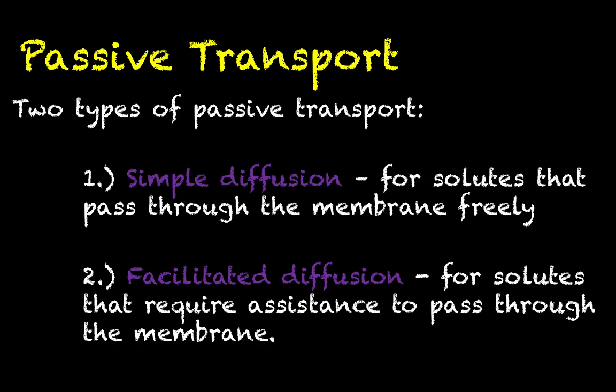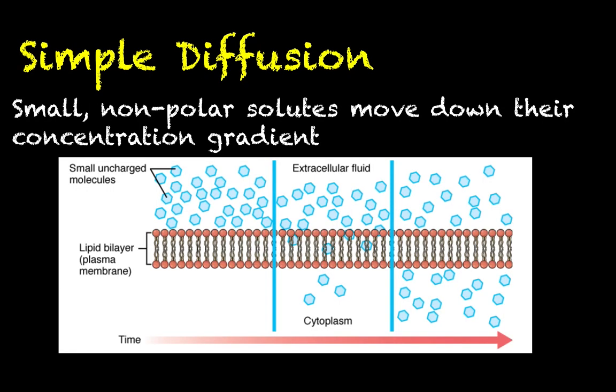This, again, also applies to molecules moving from high to low concentration, but this specifically is talking about solutes that cannot get through the membrane all by themselves, and they are going to require some assistance to pass through, either because these solutes are too polar or because they're electrically charged.